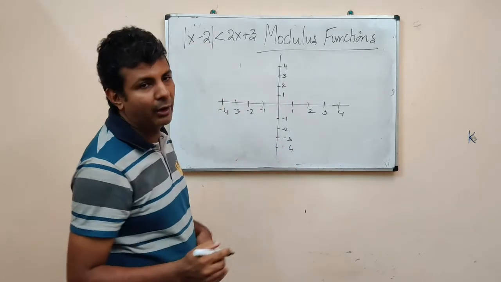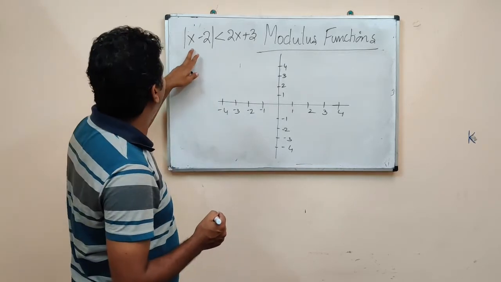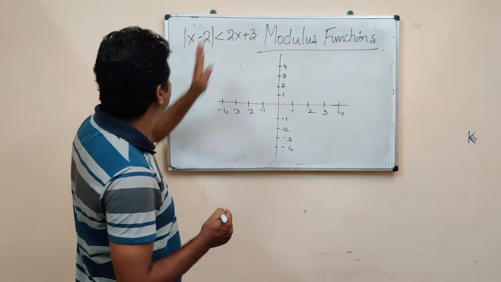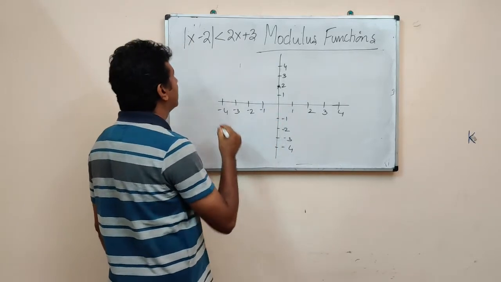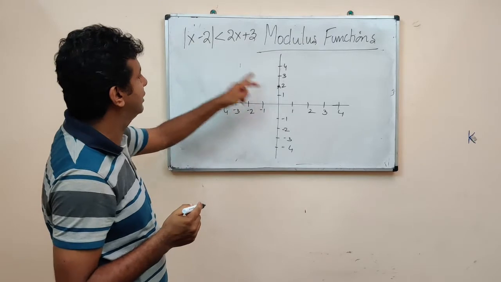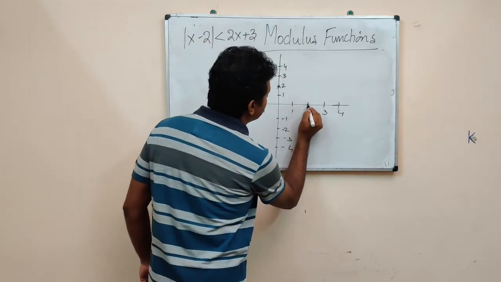Now let us start from x equal to 0. X equal to 0 will give the value minus 2 inside the mod, and therefore the value will be 2. So if x equal to 0, the value for this function is 2. Now when x equal to 2, this value becomes 0.